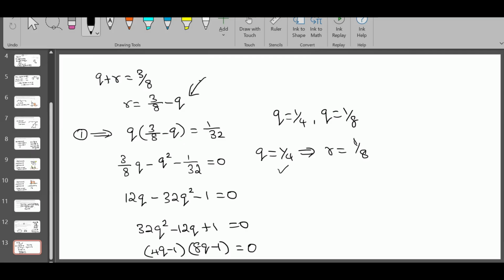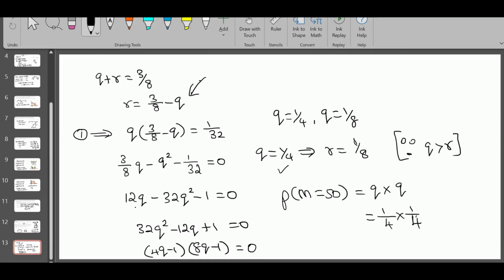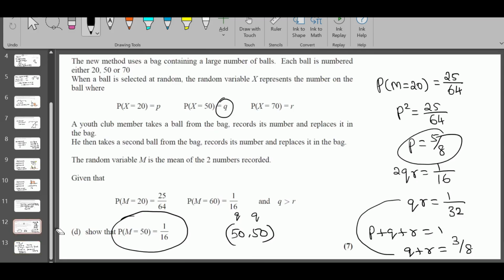So this is the condition that satisfies since Q is greater than R. That's what is given in the question, right? Q is greater than R, so we need to use this Q. So when they say the probability of M equal to 50, it's Q times Q, 1 over 4 times 1 over 4 is 1 over 16. They want us to prove it's 1 over 16, right? That's all. It's a 7-mark question.